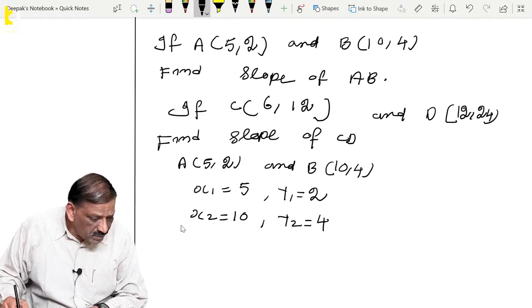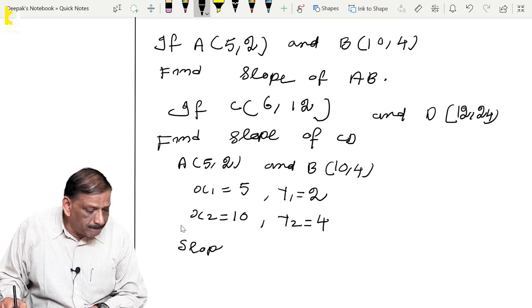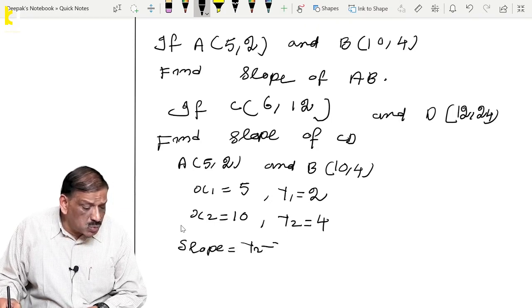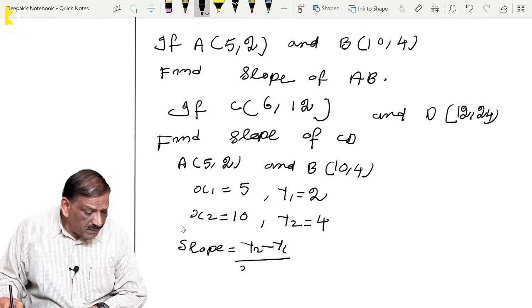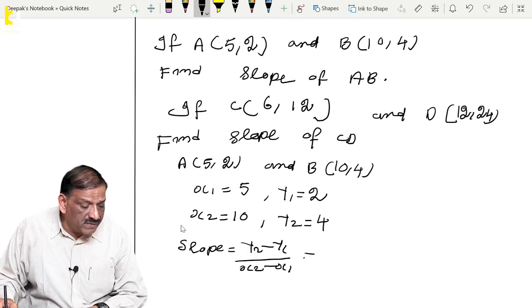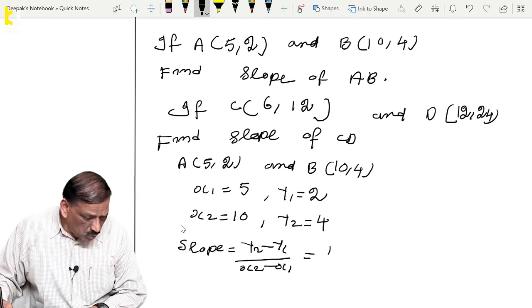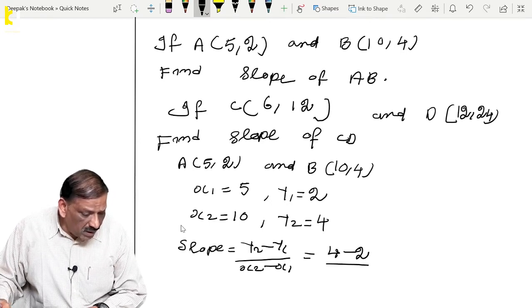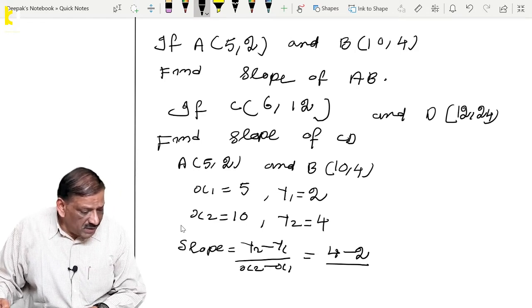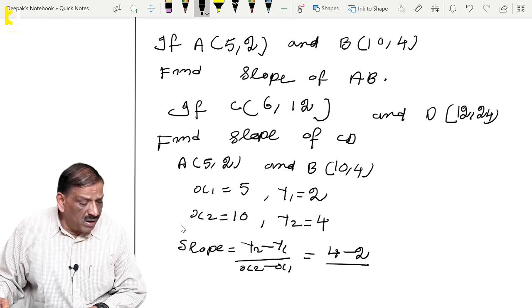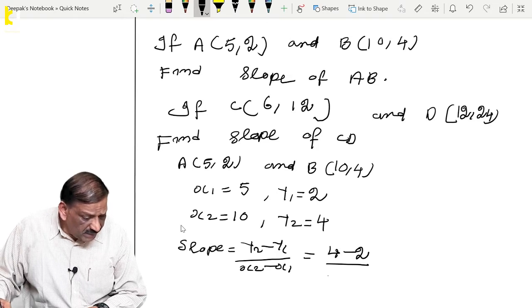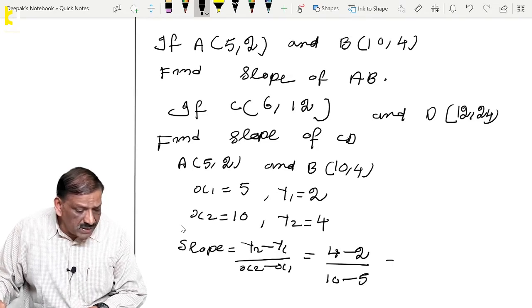Slope is equal to (y2 minus y1) divided by (x2 minus x1), that is (4 minus 2) divided by (10 minus 5). 4 minus 2 is 2, divided by 10 minus 5, that is 5.